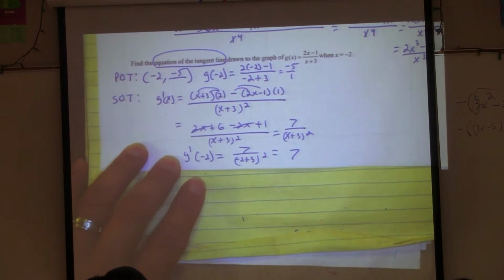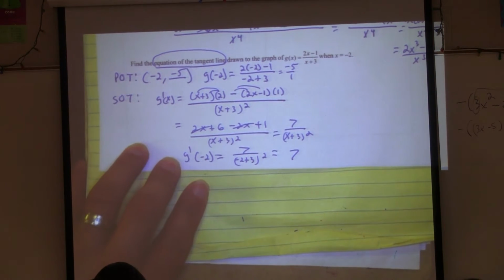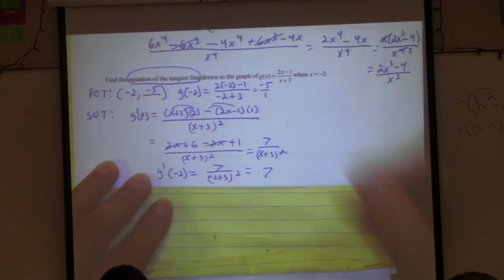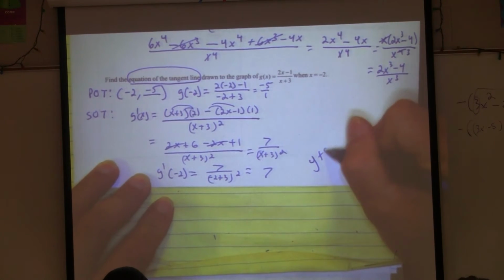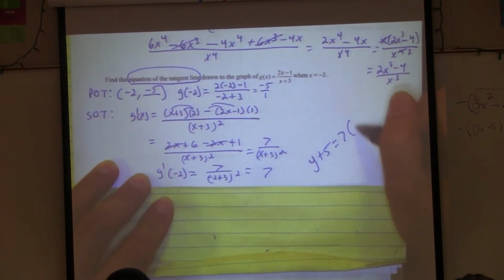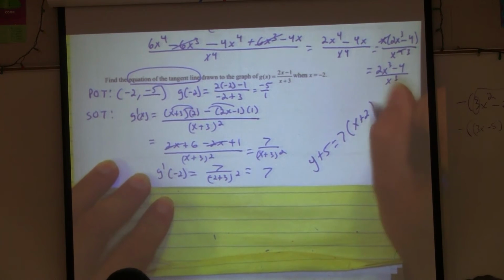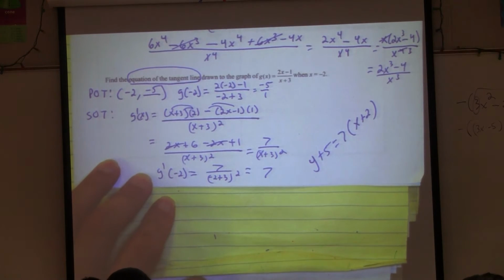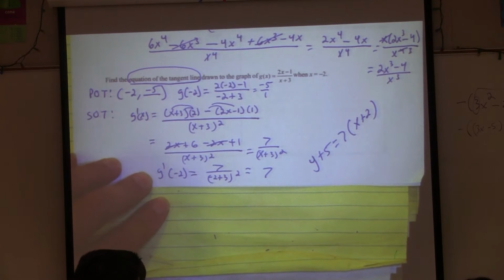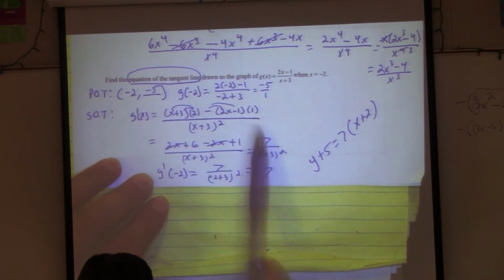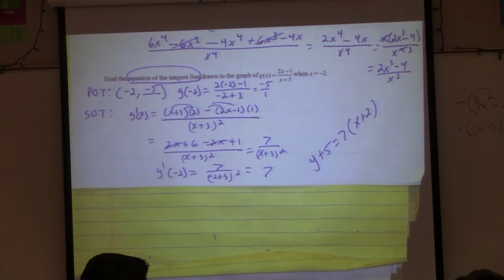So now can I write my equation of the line with the two things I have? All right. What's that equation going to be? Y plus 5 equals 7 times x plus 2. Super easy? You getting it? Yes. Quotient rule is not difficult. It's probably just the algebra that's going to be difficult for you. Okay? So you need to improve your algebra skills.